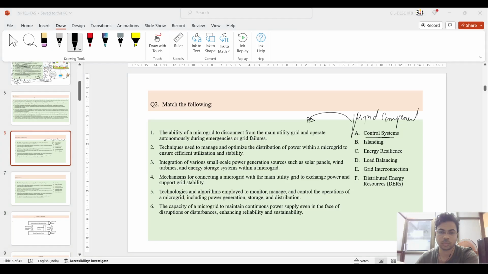Any answers? If you got the first two answers, you can also write in the chat box that first one is A or first is B. That kind of solution you can also write.